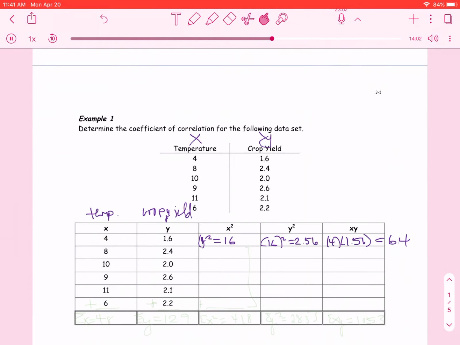All right, so you can take a couple of minutes to review and work this out on your own. Again, you're squaring all of your x values, squaring all of your y values, and then multiplying x times y as you go across horizontally on your row. And then what goes at the very bottom are our totals.